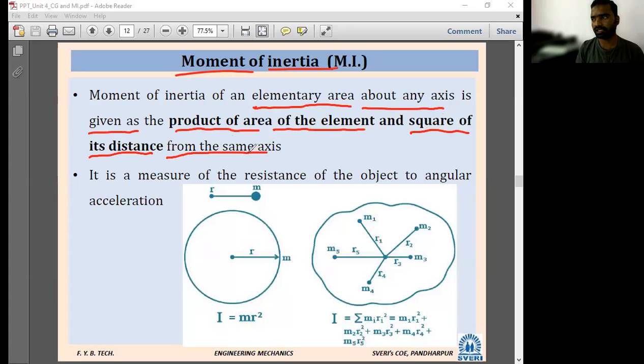Have you written? Don't draw any diagram and all. Just you should know its definition.